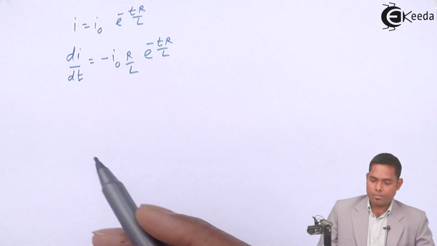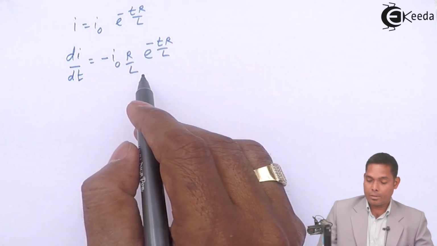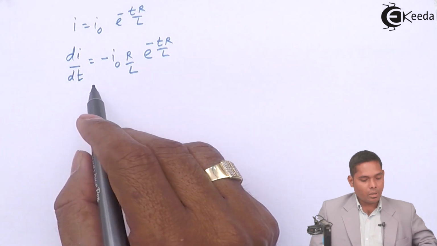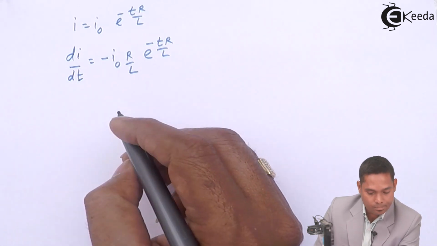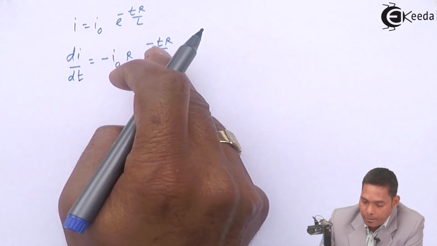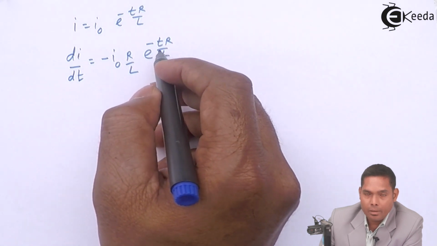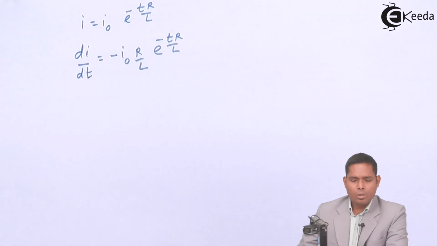So this is minus 1, this is R by L, and this is minus 1.